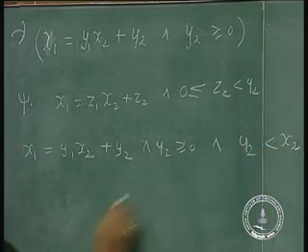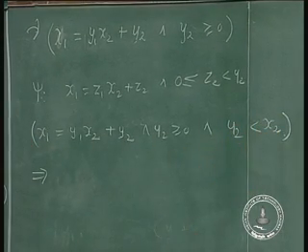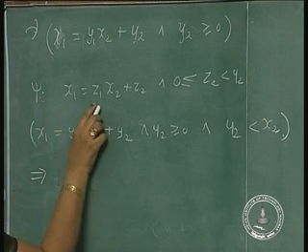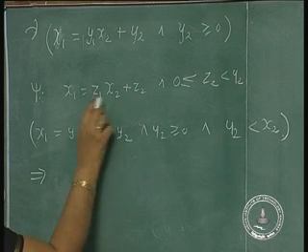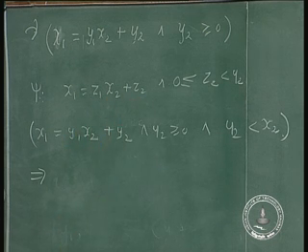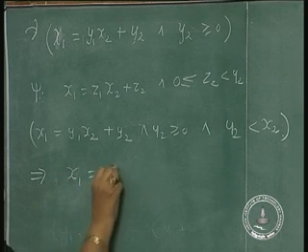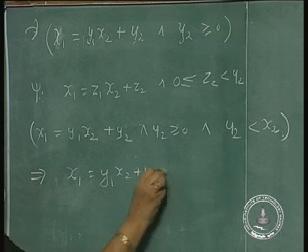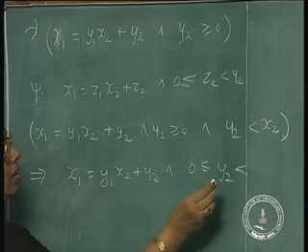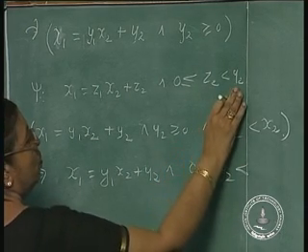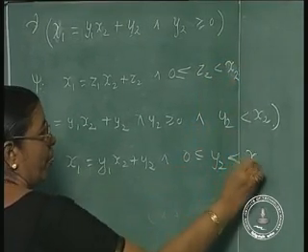This is the condition which should be satisfied, and this should imply the psi, but now you know that at the last step you replace Z1 by y1 and Z2 by y2. So, instead of Z1 and Z2, I can use the latest values of y1 and y2. So, this should satisfy x1 is equal to y1 x2 plus y2 and 0 less than or equal to y2 less than x2, the divisor.